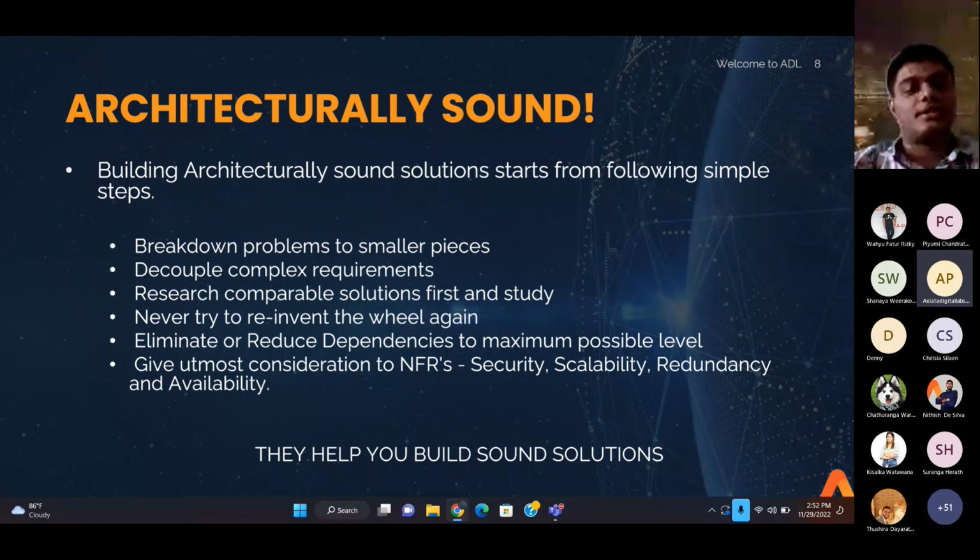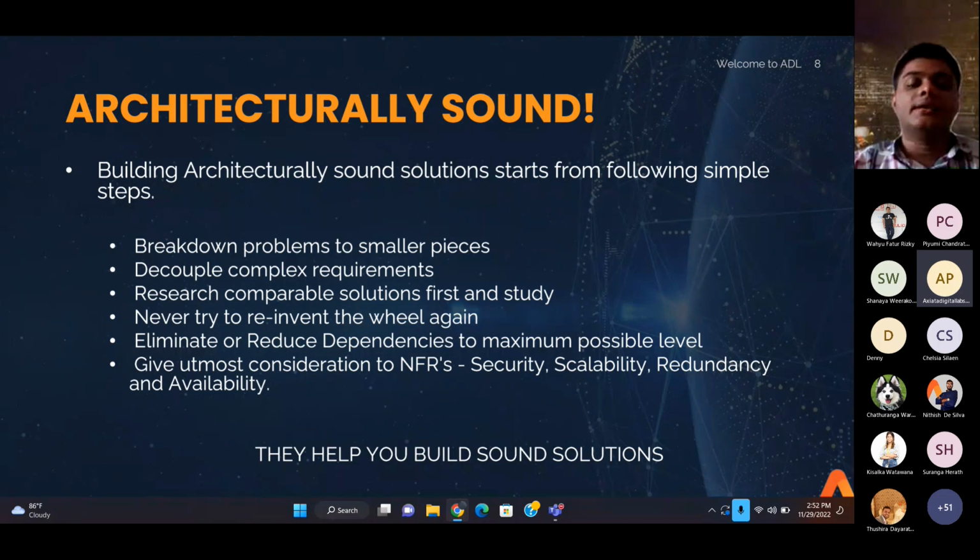So NFRs is mainly an architect's thing. NFR is something architecture should consider. That doesn't mean others should not consider. Architecture of the platform is mainly within the NFRs, non-functional requirements. So having an architectural system is taking into account the NFRs.